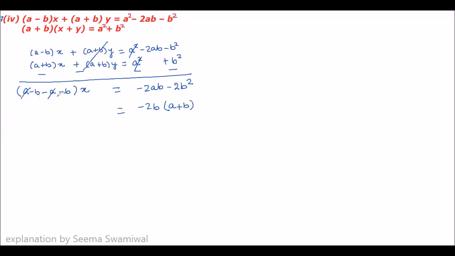And here minus b and minus b will make 2bx. So when you bring this minus 2b to the denominator side, when you transpose it, this minus 2b and the common minus 2b will get cancelled, and we will get the value of x as a plus b.